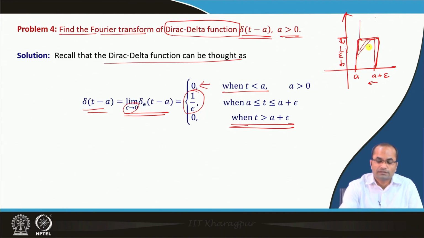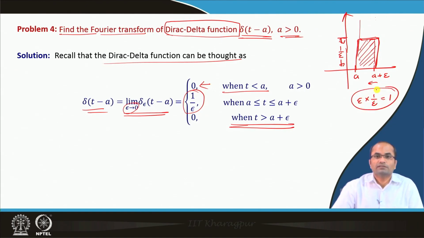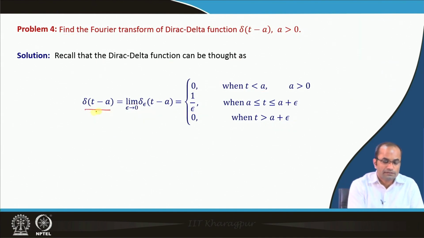But what is interesting in the Dirac delta case is that if we compute the area, which is epsilon times 1 over epsilon, this is 1. So, the area is always 1, even in the limiting situation. This is how we imagine the Dirac delta function as the limiting case of delta epsilon.